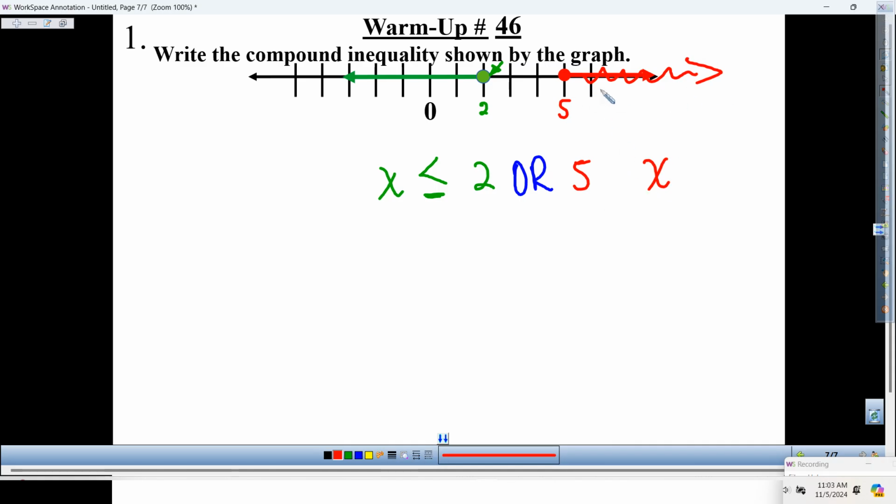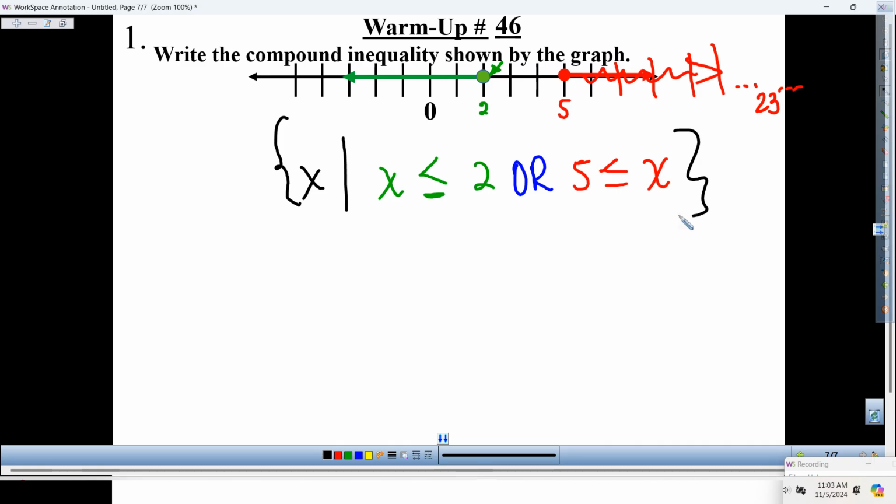What are all those numbers, 6, 7, 8, 9, 10, dot dot dot, 23, and dot dot dot all the way to infinity? 5 is less than those, and since it's a closed point, we put an equal sign. Let's write that in solution set of x such that, and you close your set.